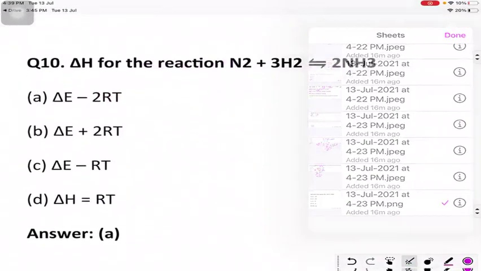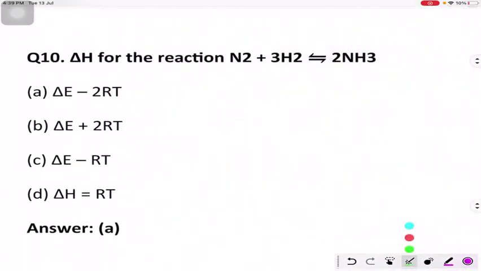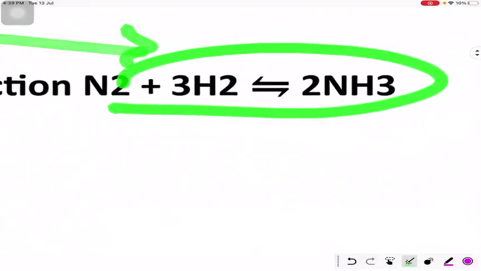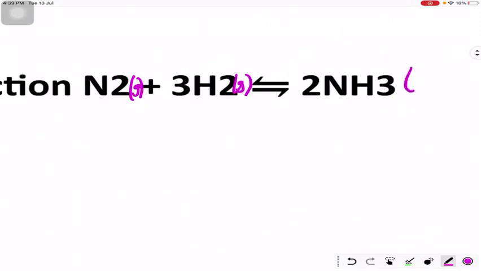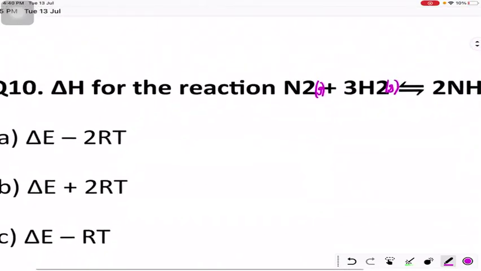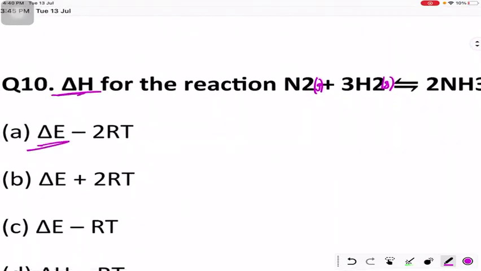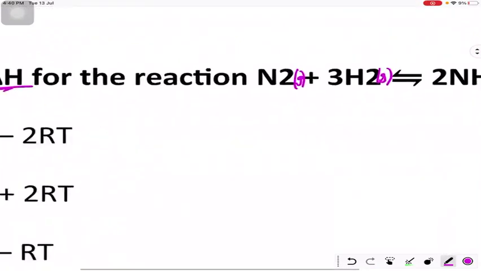So no need for further calculation here. This is the last question of thermodynamics, and the expression of delta H has been asked. For this equation, it is Haber's process: nitrogen gas, hydrogen gas and ammonia in gaseous state. So what is the relationship between delta H and delta E, enthalpy change and internal energy change?